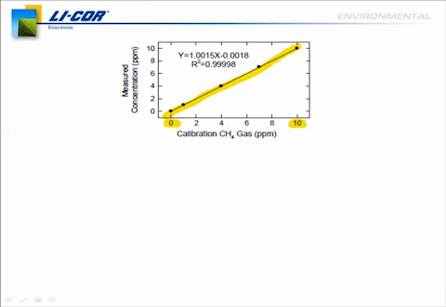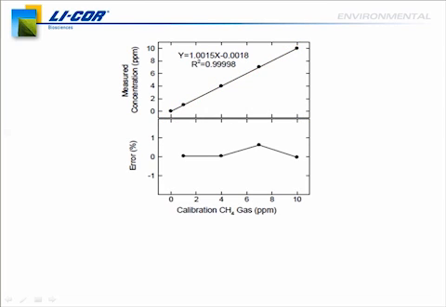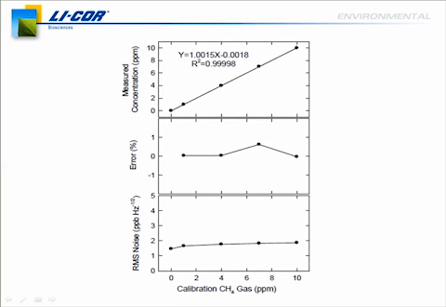The next chart that we'll look at is absolute accuracy of the instrument. You'll see here a percent error chart that shows very near zero across concentrations that go from ambient to well above ambient. So you'll see that the instrument is very accurate. And the third chart that I'll show you here is an RMS noise.